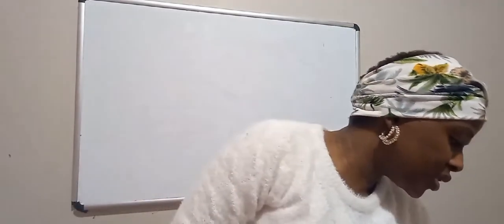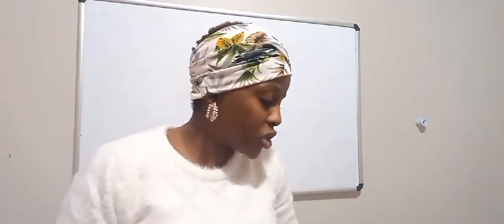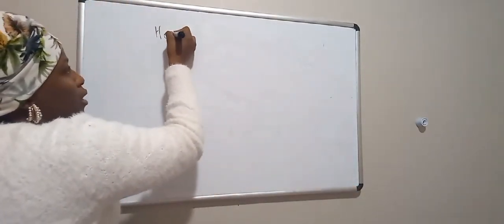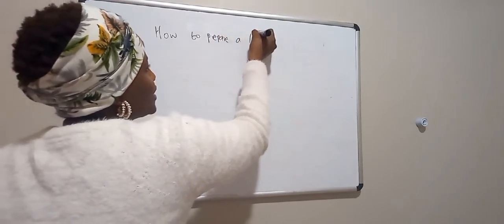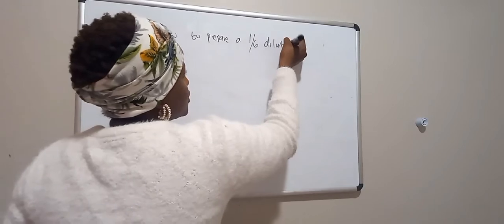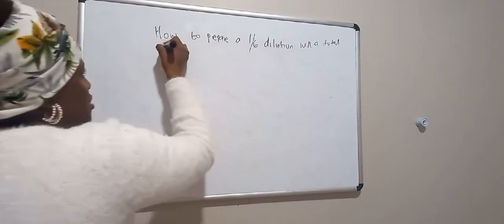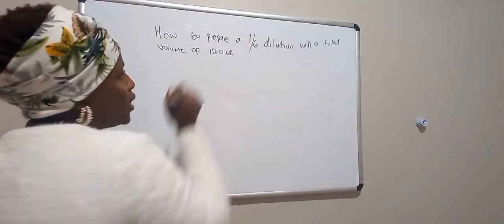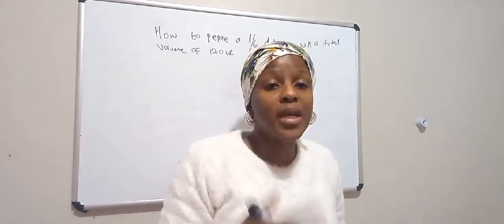Another way you can get a question about dilution is that they will ask it like this: how would you prepare a 1/6 dilution with a total volume of 120 microliters? In this case, they've given you the total volume that you must use, so you must take it into consideration.